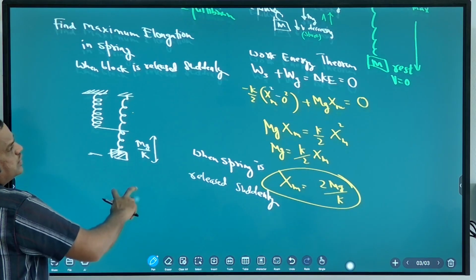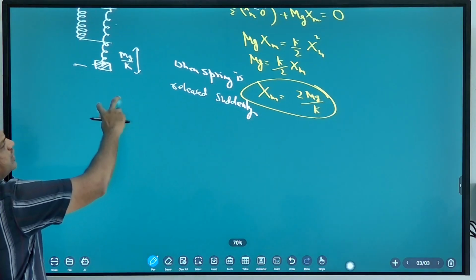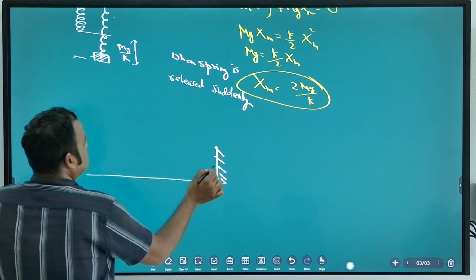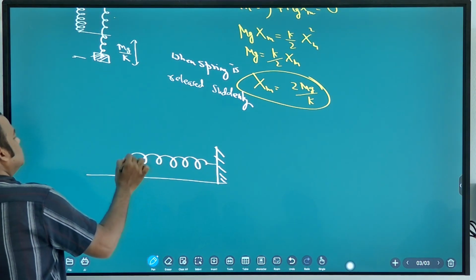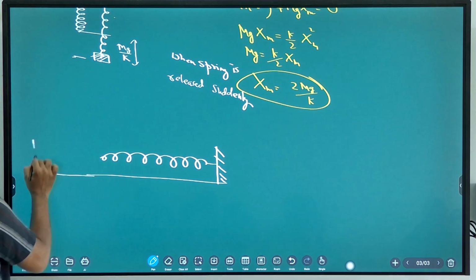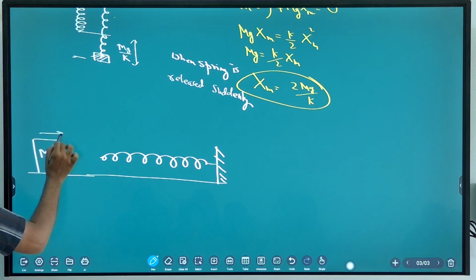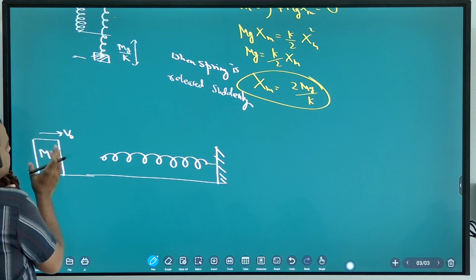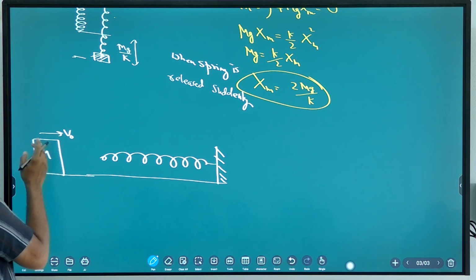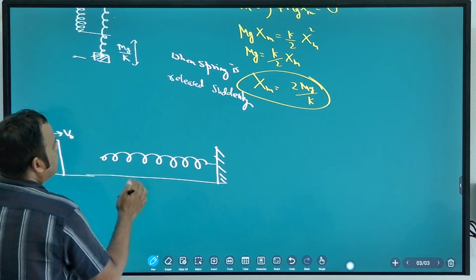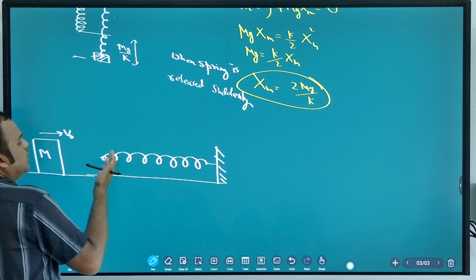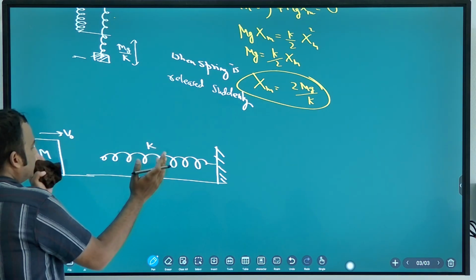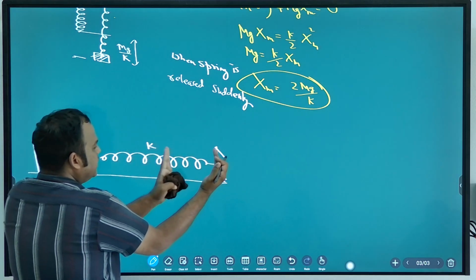Yesterday we discussed one question, and I am repeating that. Suppose this is the wall and this is the spring. Now this block is coming with velocity v naught. What is the initial kinetic energy of the block? Half m v naught square. And what is the initial elongation or compression in the spring? 0. Now the block will compress the spring.